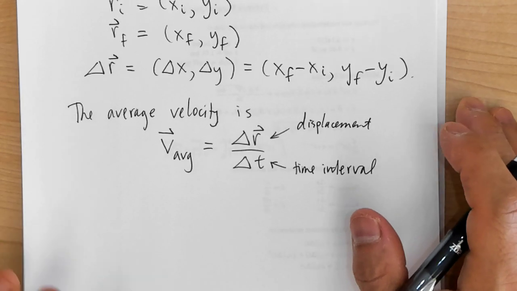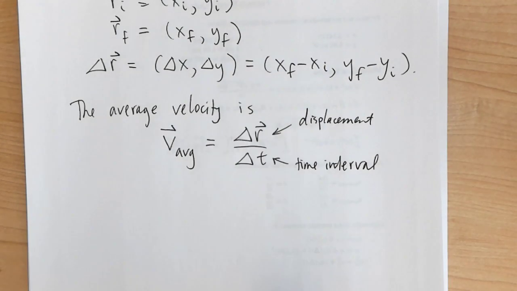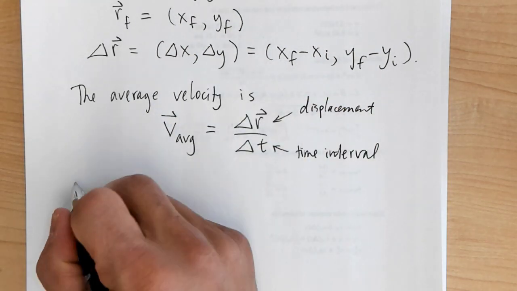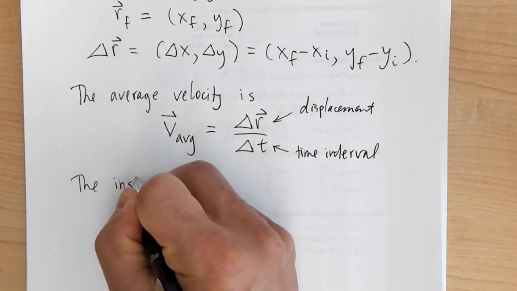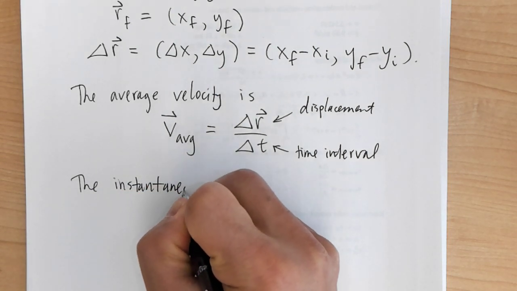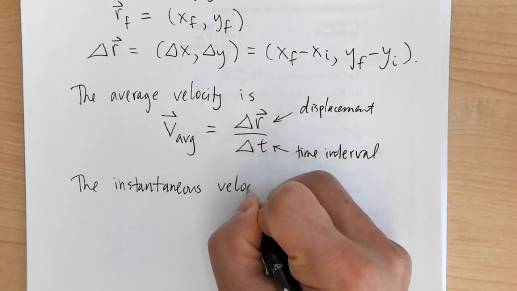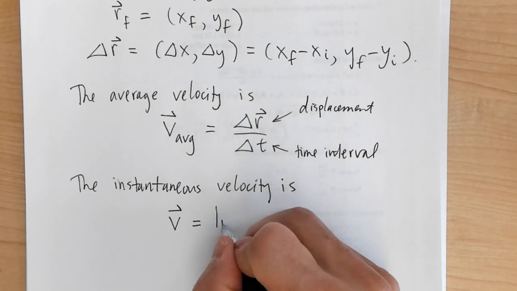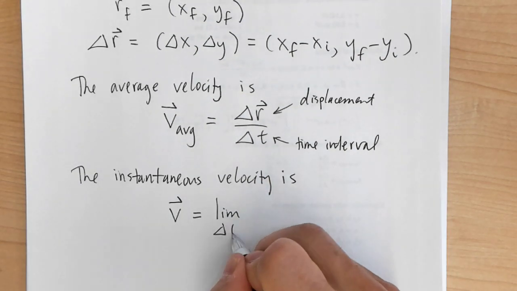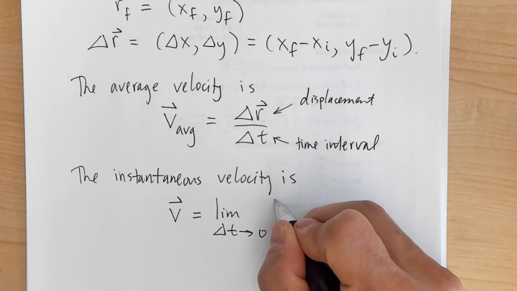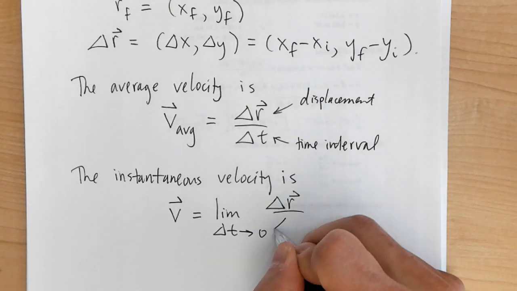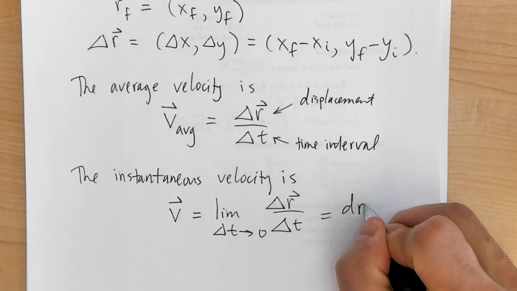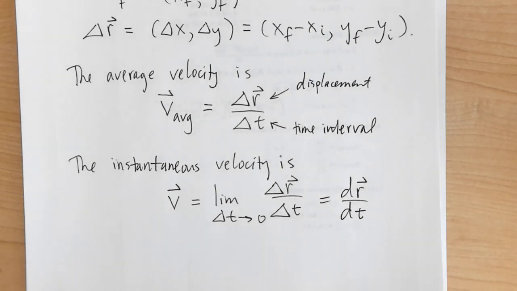If I'm interested in the instantaneous velocity, then I take the limit as delta t goes to 0. The instantaneous velocity is going to be just plain v, and that's the limit as delta t goes to 0 of delta r over delta t. And that's just the derivative dr dt.